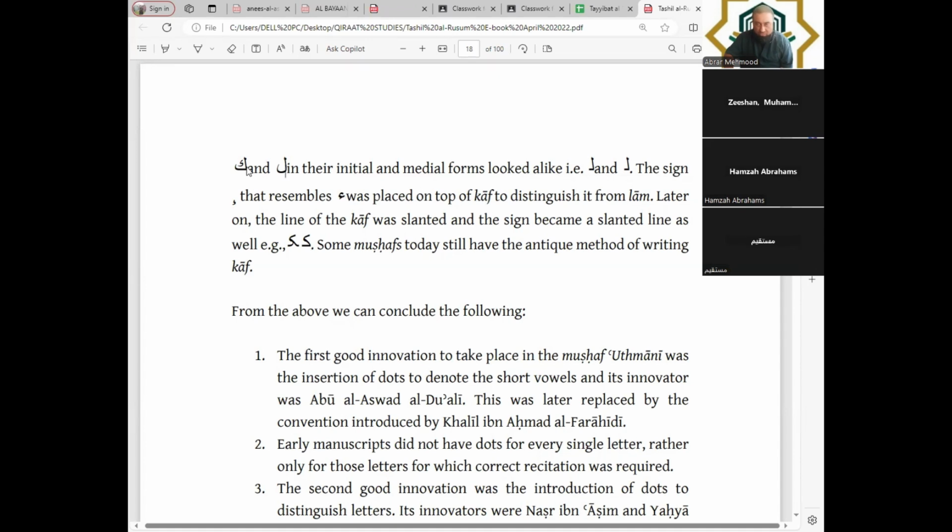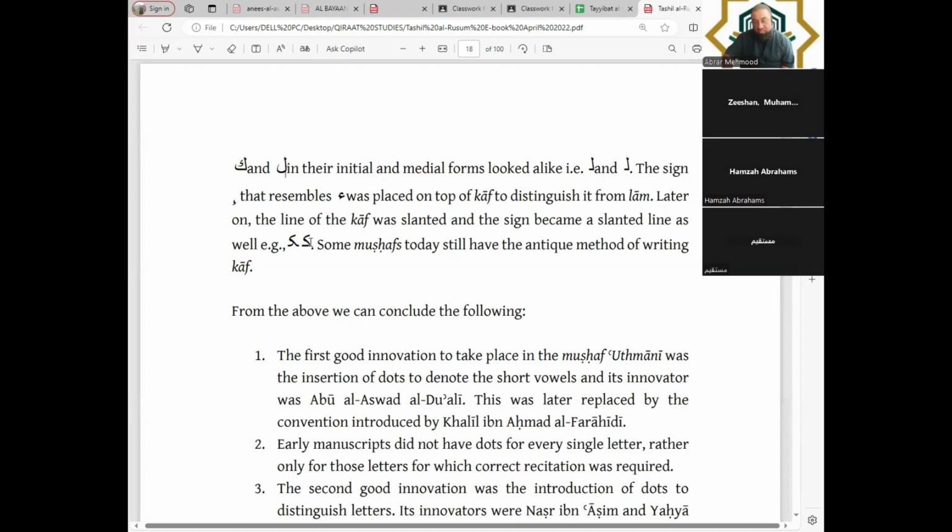So in a lot of the qa'idas that we read, initially the Kaf didn't look like that. But to differentiate between Lam and Kaf, an S shape, which is what I use to explain to younger students, was used to show the difference between Lam and Kaf, and then obviously how it became a standardized point.